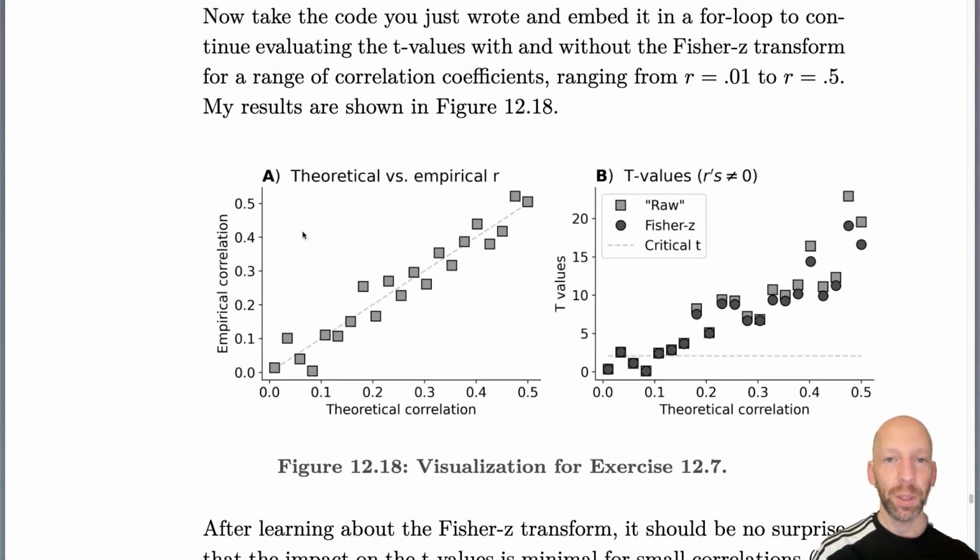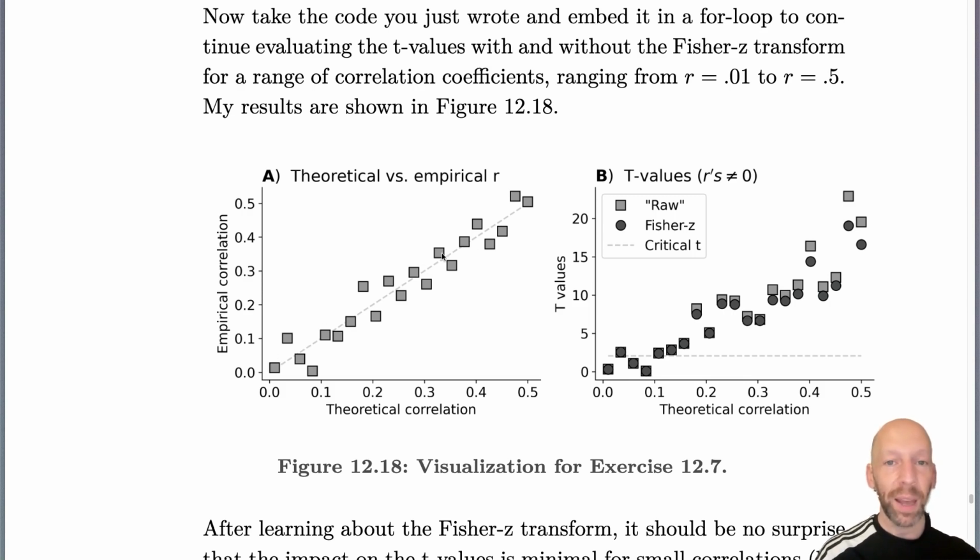So now what you want to do is take the code that you just wrote for the first part of this exercise and embed that inside a for loop to basically repeat the experiment for a range of correlation values between 0.01 and 0.5. So basically, you're just going to manipulate the population correlation value.